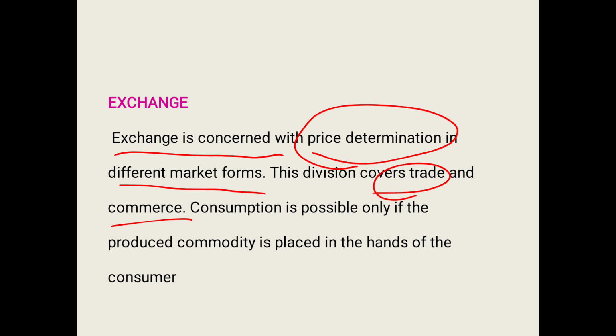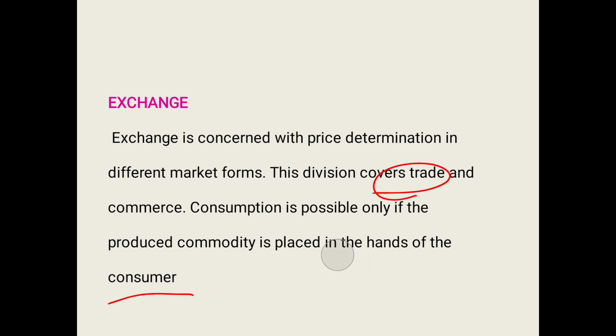Exchange is for trade as well as for commerce. Now consumption is possible only if it is produced and the commodity is placed in the hands of the consumer. So once the products are produced, what happens? They have to reach the consumers. Once they reach the consumers, people exchange and buy the product. The consumers pay for it and the producer gives away the product. So we call this exchange.